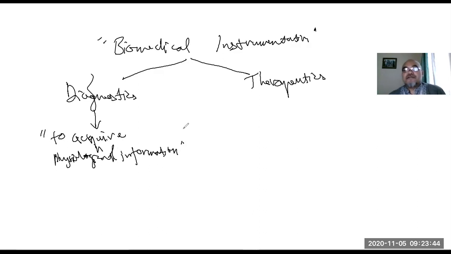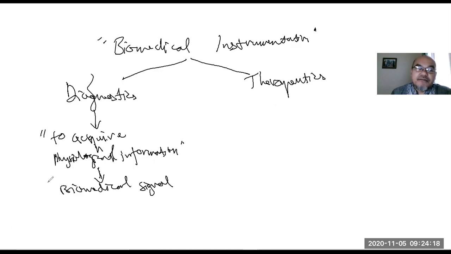What we mean by physiological information is, of course, information related to the subject's anatomy and health condition. And further, it is usually meant as biomedical signal. We want to acquire the subject's biomedical signal. What we mean by biomedical signal is any signal that comes from the biological system which is important from the medical perspective.